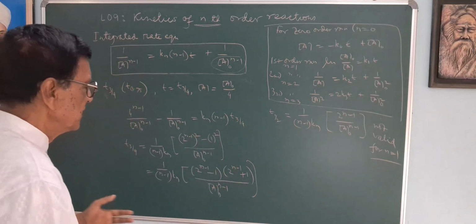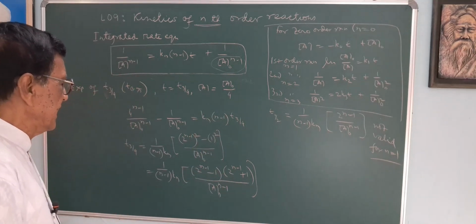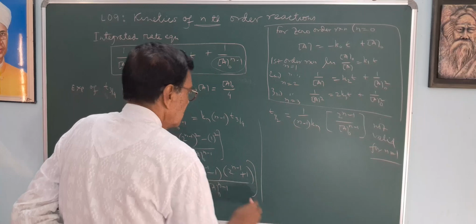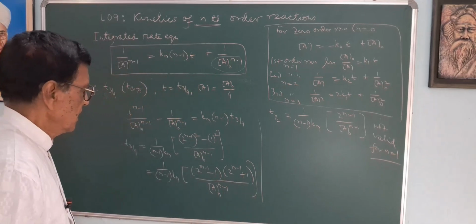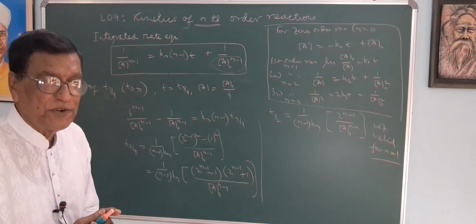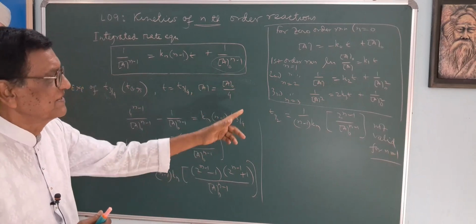So one beautiful thing is coming up. It is valid for n not equal to 1, that is for 0 order, second order, third order.